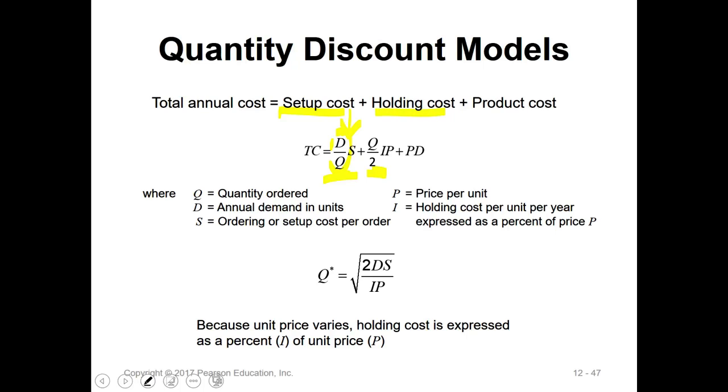This is the holding cost. So setup cost will reduce and the holding cost will reduce. However, the product cost, if you order in big numbers, this part will increase. Even though you purchase at a reduced price, you order so many that it's going to drive your total annual cost up.